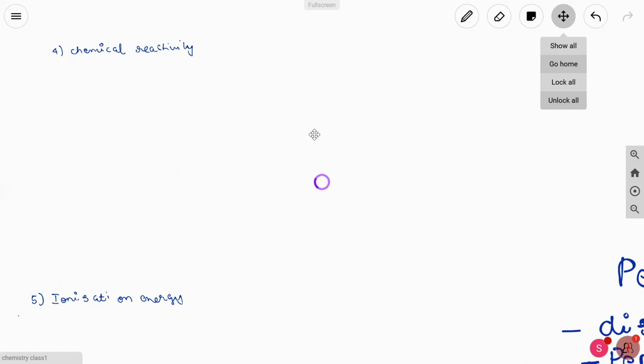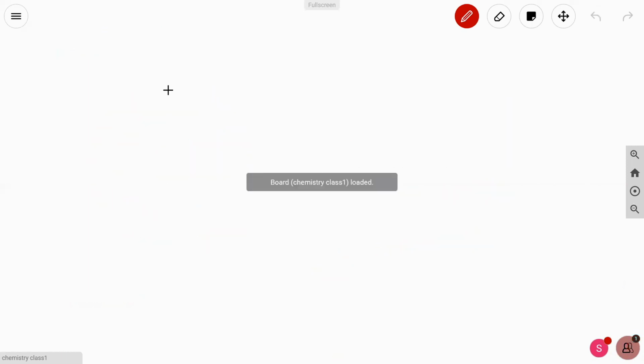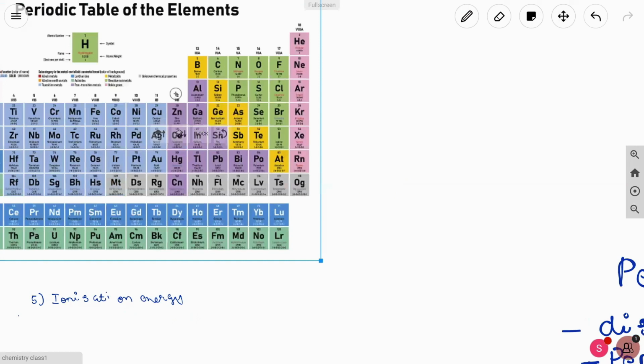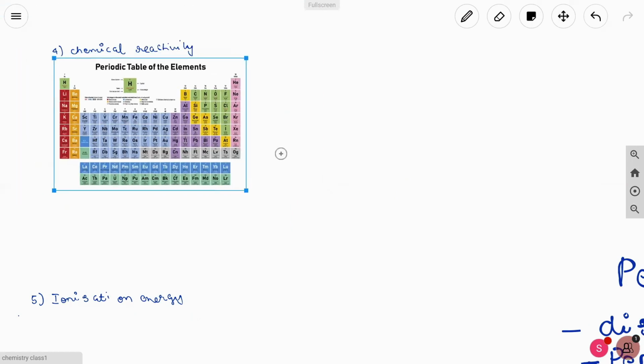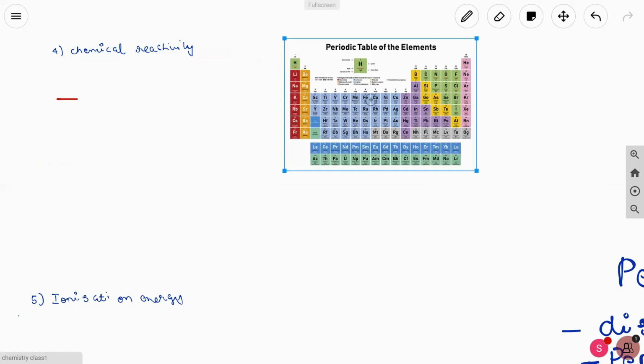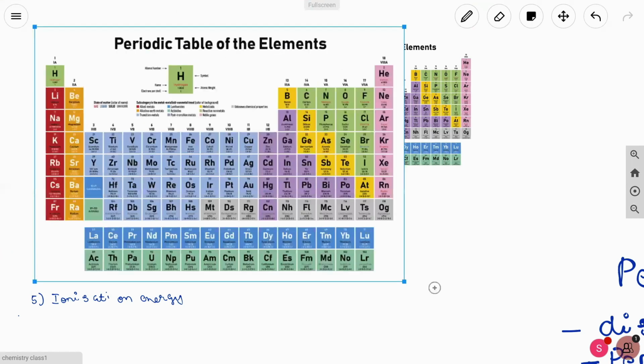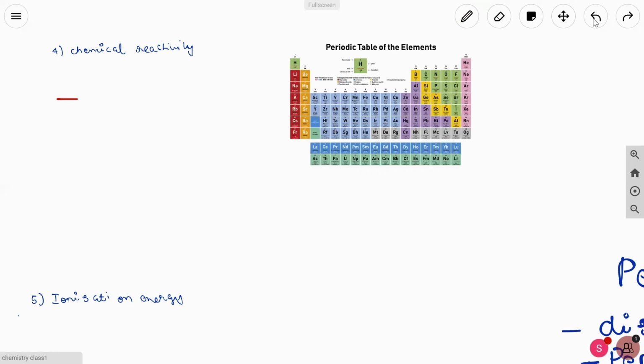Across a period, as we go towards the middle of the periodic table, the chemical reactivity gradually decreases from the beginning. In the middle of the periodic table it's the least, and as we go towards the right, it increases.